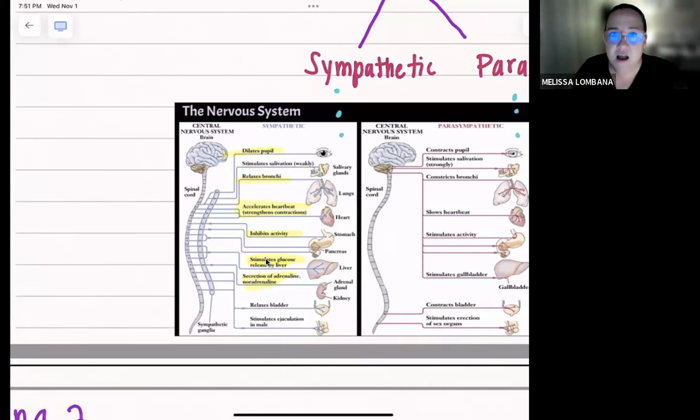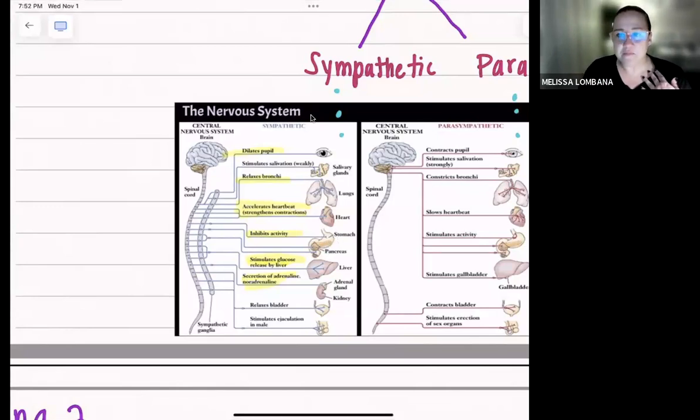However, this is not a good thing if we're constantly here, because this is where you start getting problems with your lungs, more specifically with your heart, with your glucose levels, right? Stomach digestion becomes a problem. This is when people get really anxious, there's always some type of stomach issue.